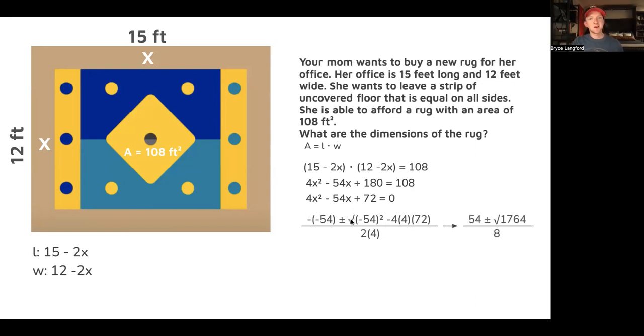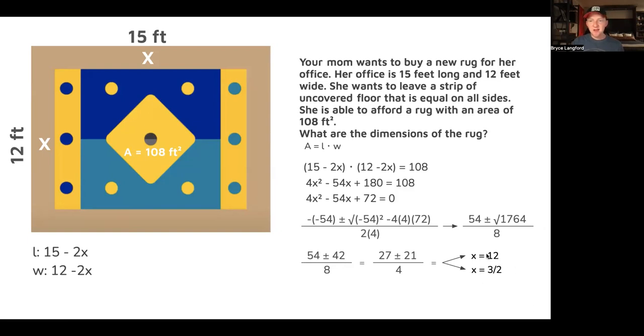And once again, we're going to solve the square root, and that's a big number. We're going to put that into our calculator and we get 42. And we're going to simplify it down because they all have 2 in common, to 27 plus or minus 21 over 4. And the answers we get are x equals 12 and x equals 3 halves.